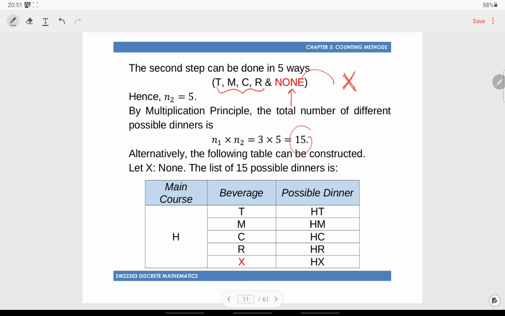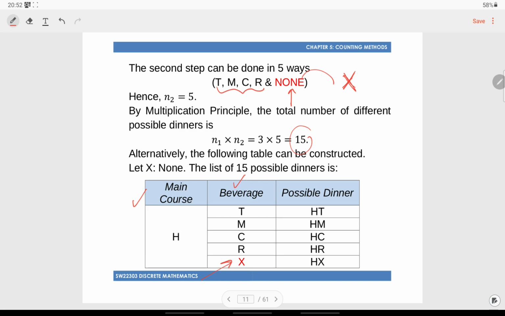Okay, so how to verify this answer? We can construct a table. The first column is the main course. Because we have a smaller number of main courses, we start with the main course column followed by beverage. Instead of 4 different rows, this time we have 5 different rows with an additional option, capital X, representing none.